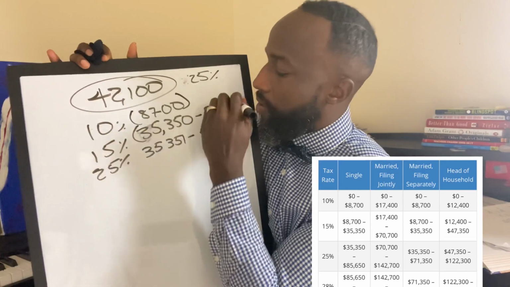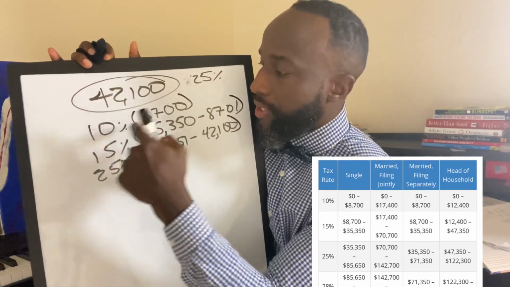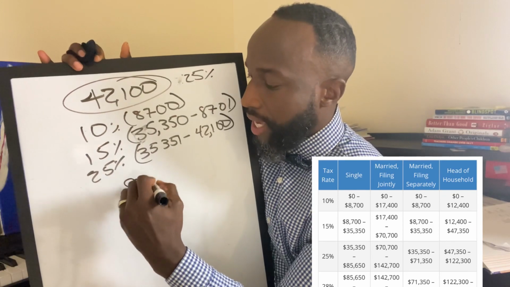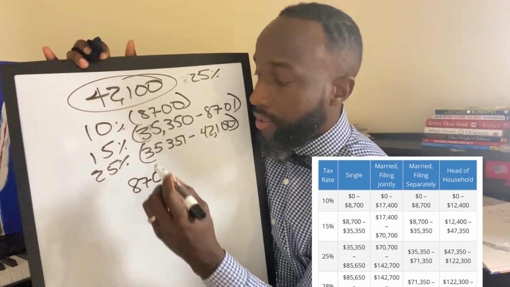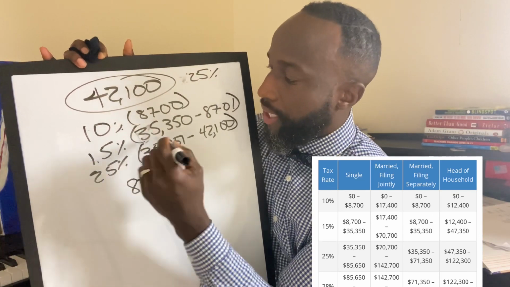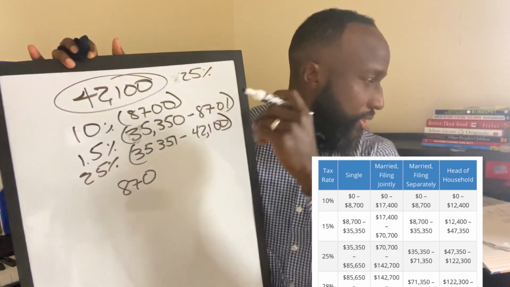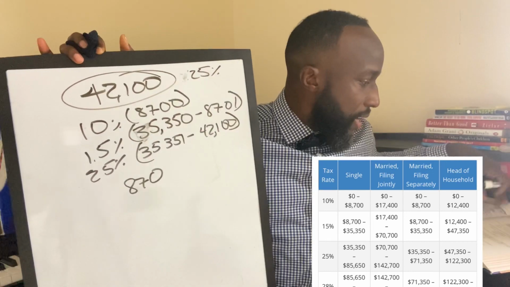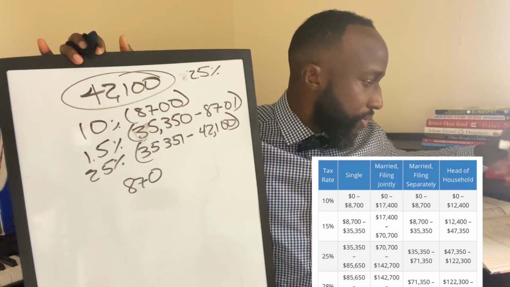Essentially you multiply 10% by 8,700, which is $870. Then you do 15% of this difference, which I already calculated as $26,650, so we're not pressed for time.